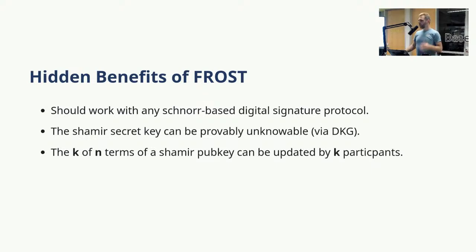So if you have a group of people come together and they create this group public key and you lock funds to that group public key, let's say somebody loses their share or you want to kick somebody out of the signing group. How do you do that without changing the actual key that's on chain that's holding the money? You can actually do that with Frost, and we'll get into that at the end.